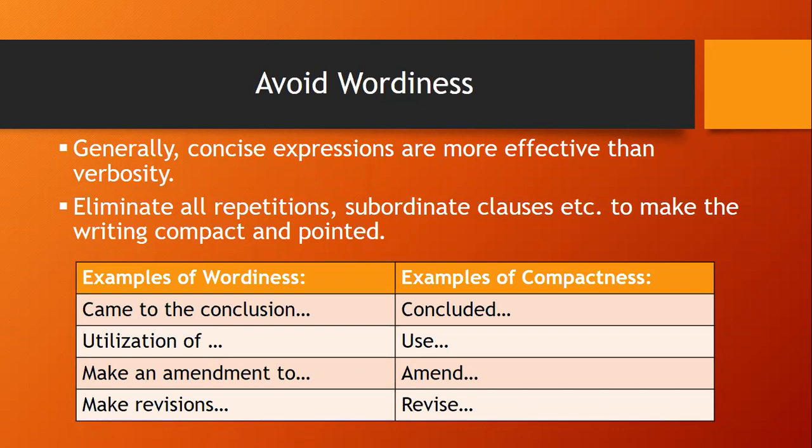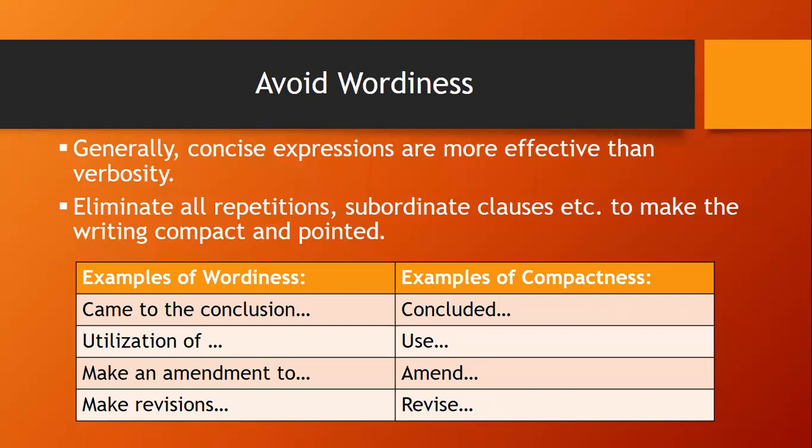So we eliminate all these repetitions, subordinate clauses, etc. We eliminate them, and we make the writing compact and pointed. Of course, we're not going to use it in our story writing and other kinds of writing, but mainly in technical writing for documentation. We have examples of wordiness on the left block.